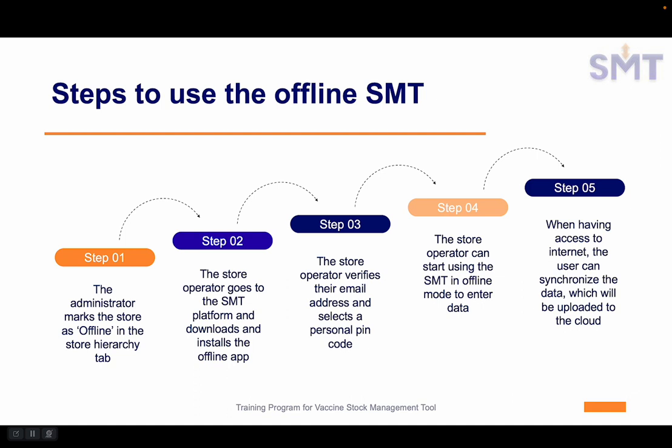After that, the application is ready to be used. So the store operator can start using the SMT in offline mode to enter their data. And finally, when having access to internet, the user can then synchronize the data, which will be uploaded to the cloud. So I'm now going to log into the SMT and show you how to do that in practice.